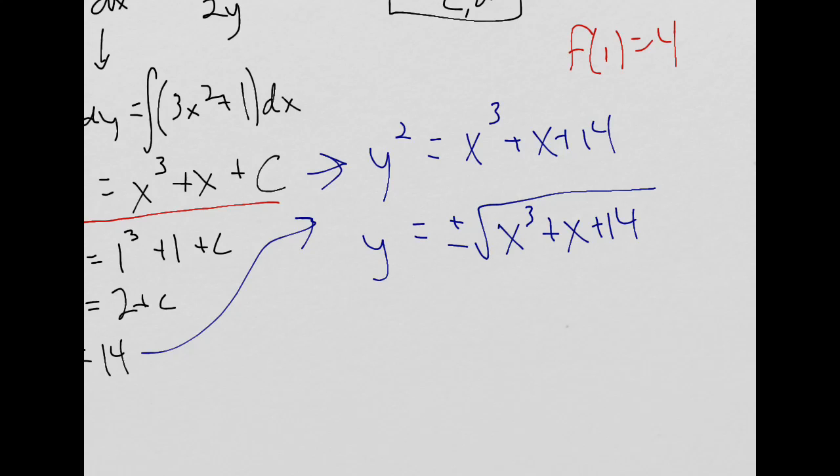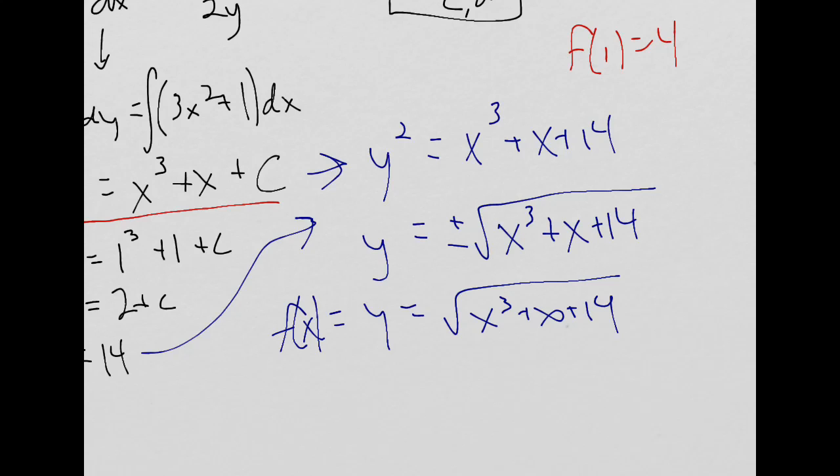But anyway, you should consider that, although in this particular problem, if you didn't write the plus or minus and you only wrote the positive square root, then you're good to go. And that's what my f of x is equal to. So I think, let's see, that is the answer to part C.